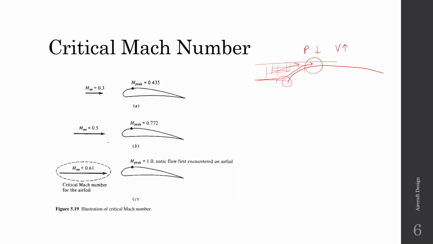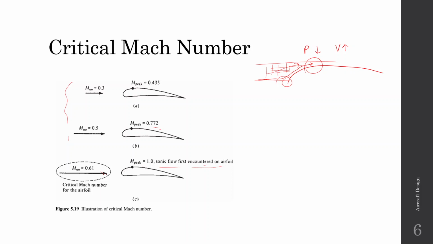And now all this is fine, till now we have not encountered any supersonic effects because the maximum velocity is 0.772. But when we are flying at 0.61, we observe that the flow accelerates to Mach equal to 1. So this is the first time when sonic flow has been encountered on the aerofoil.